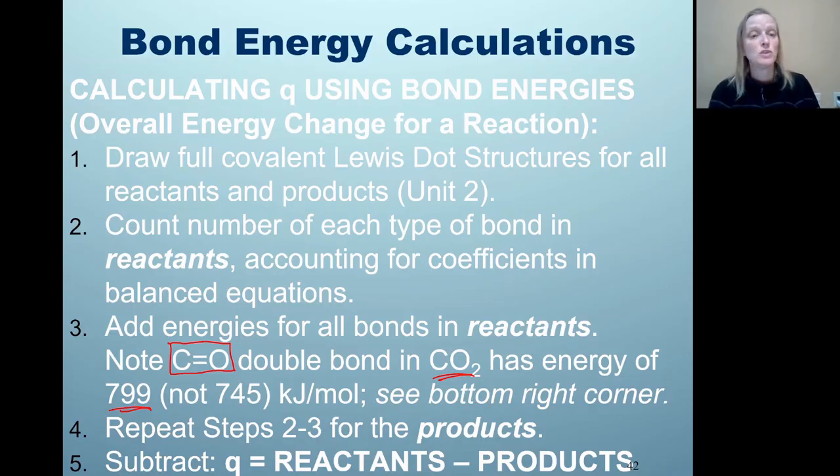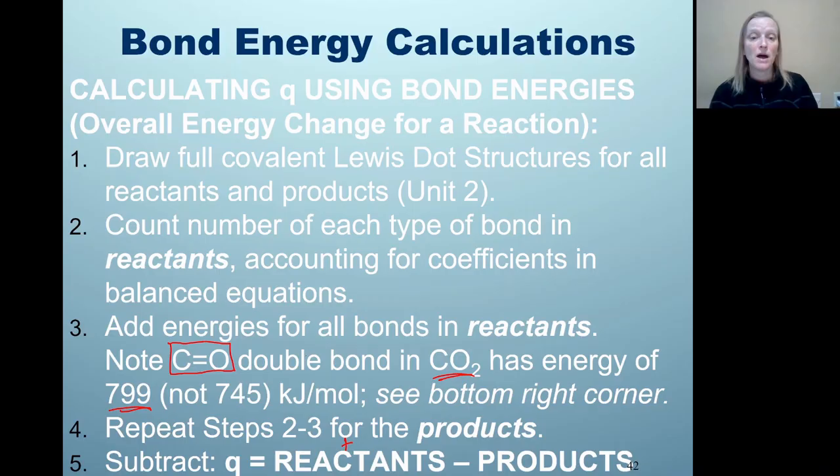Once you have the reactants' total bond energy and the products' total bond energy, you just subtract reactants minus products. Because reactants, remember, bond breaking is an endothermic process, so this is going to be a positive value. And by subtracting the products, we make that an exothermic process with that negative value.